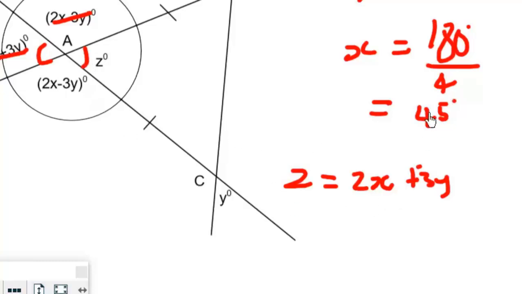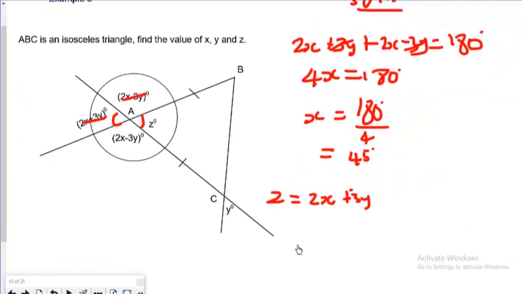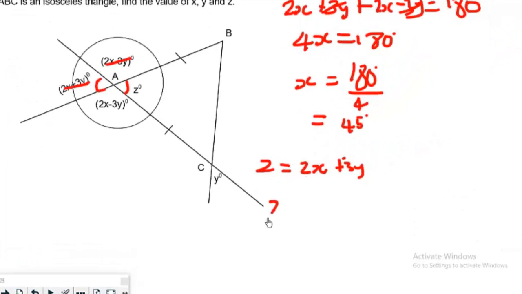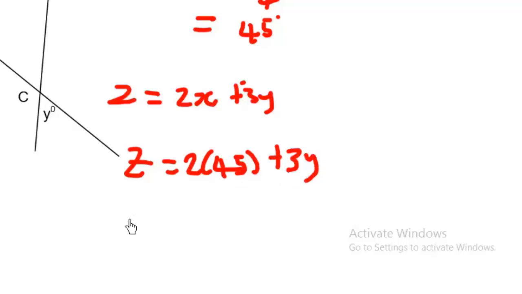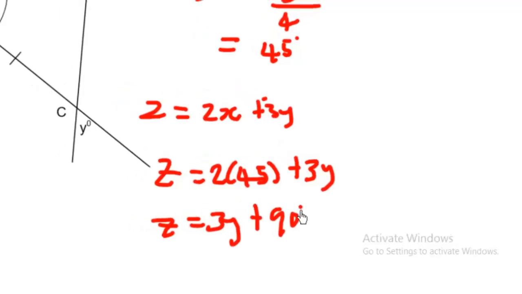Now I know that my x is equal to 45, so I can substitute. So z will be equal to 2 times 45 plus 3y. So my z will be equal to 3y plus 90 degrees. Good.